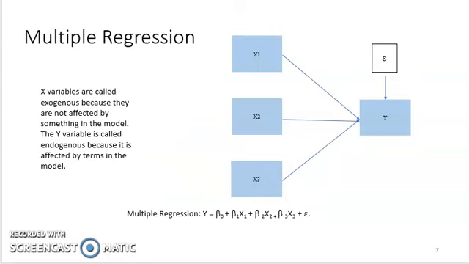All right, so we have talked about multiple regression before, and all of these X variables are called exogenous because they're not affected by something in the model, and the Y variable is called endogenous because it is affected by all of these terms in the model. And we can represent this as an equation.